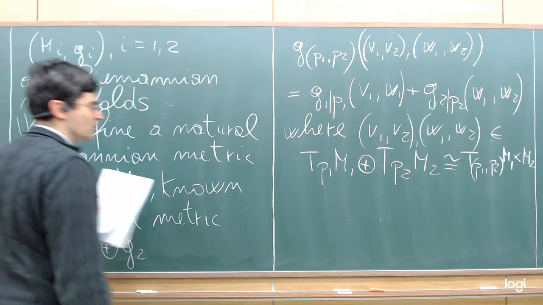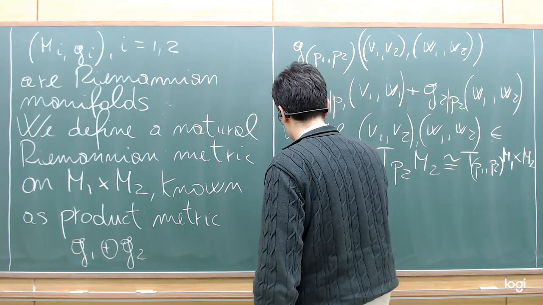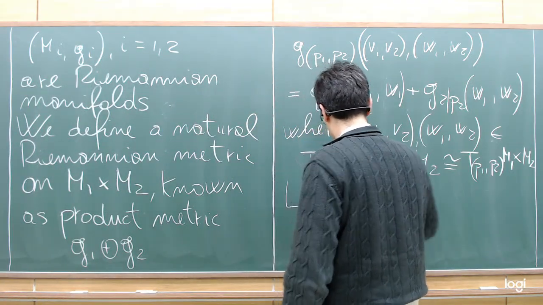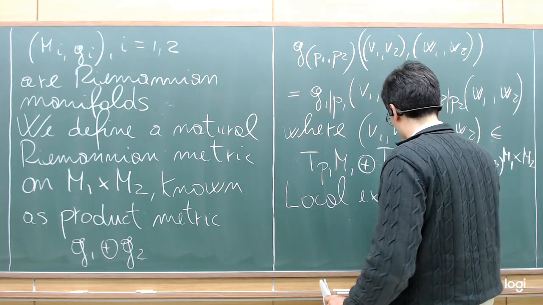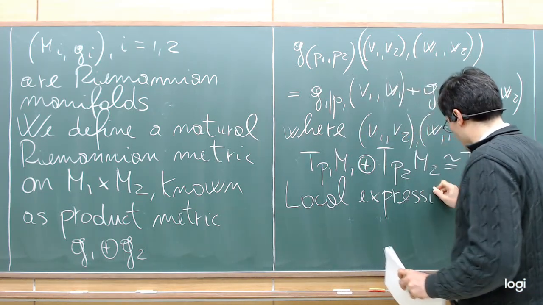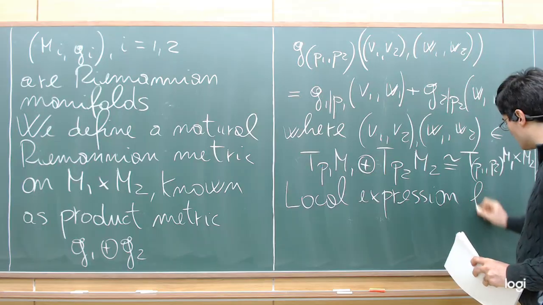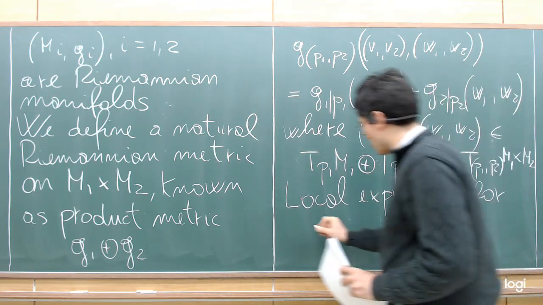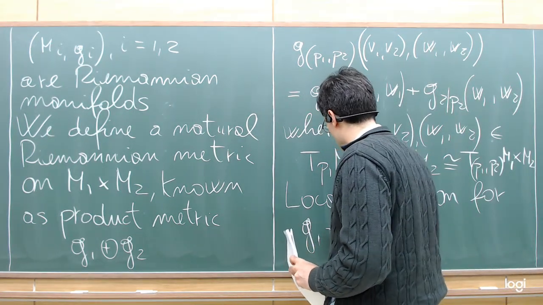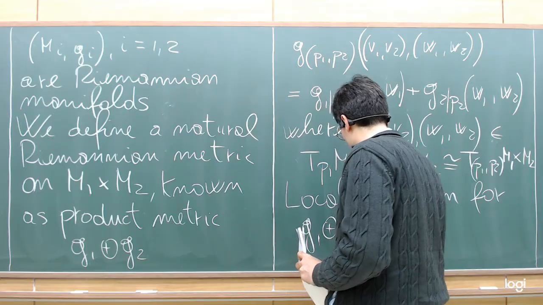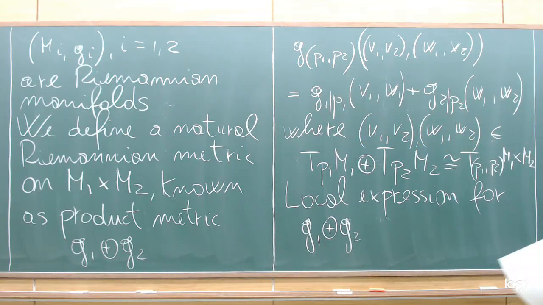What is the local expression for G1 plus G2? This is easy to find.